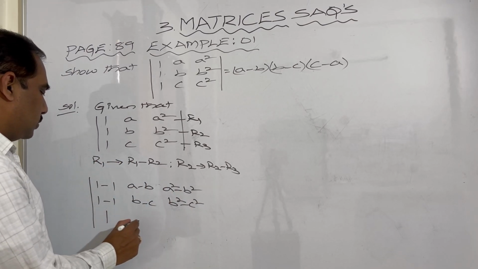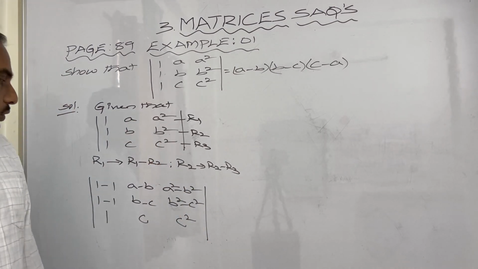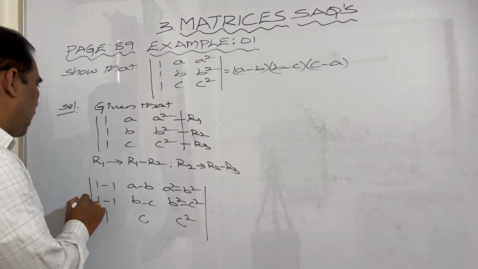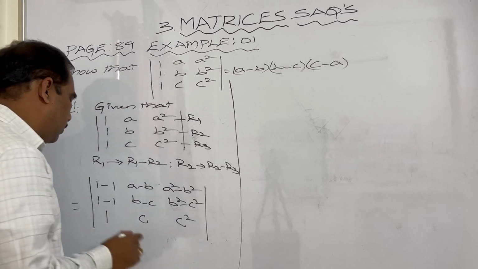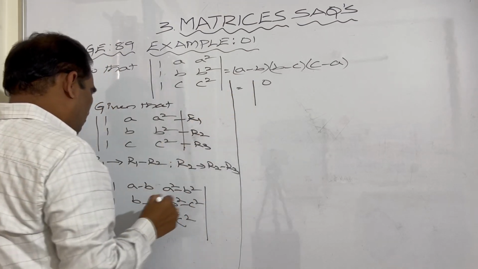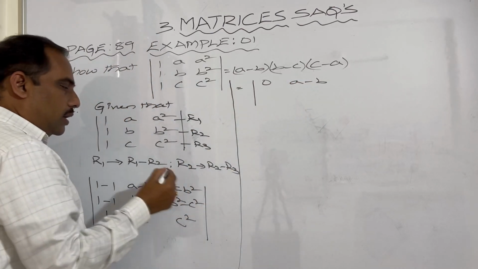And the last row R3 is written as it is. So now what happens here? We get 1 minus 1 is 0, and a minus b written as it is, and a square minus b square.